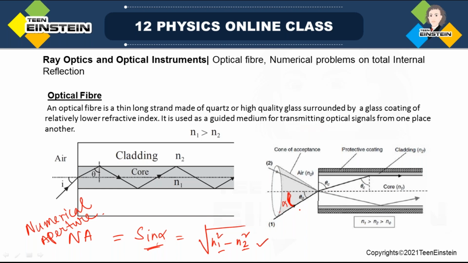Deepak, do you have any question here? Core, cladding, and how optical signals are transmitted, and why it is being used instead of some other fibers or other conductors. Even electrical signals in telecommunication are sent via these optical fibers nowadays.